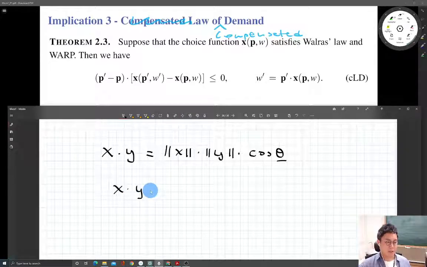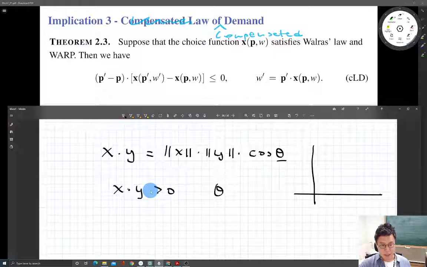If the dot product between these two vectors is positive, say this is a vector x and this is vector y, then the angle between these two vectors, theta, is acute.